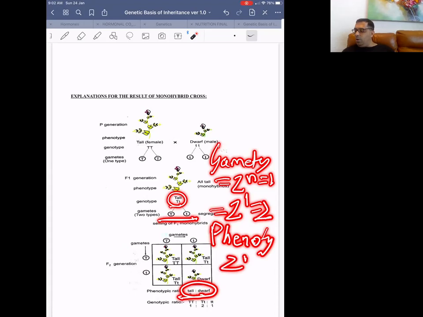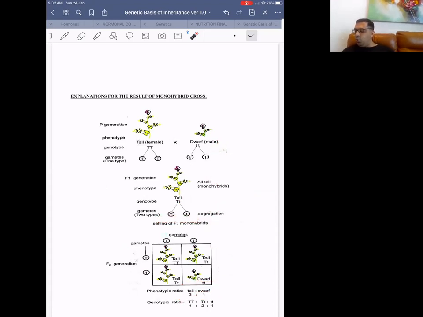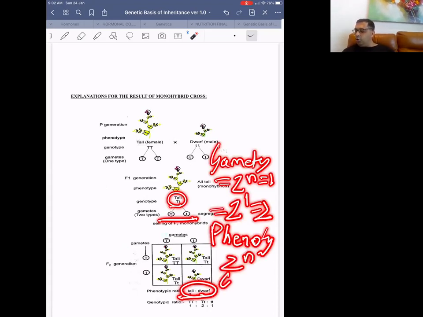Number of genotypes we get is 3 raised to 1, which equals 3. Since n is 1, heterozygous, we get 3 types of genotypes: capital T capital T, capital T small t, and small t small t.